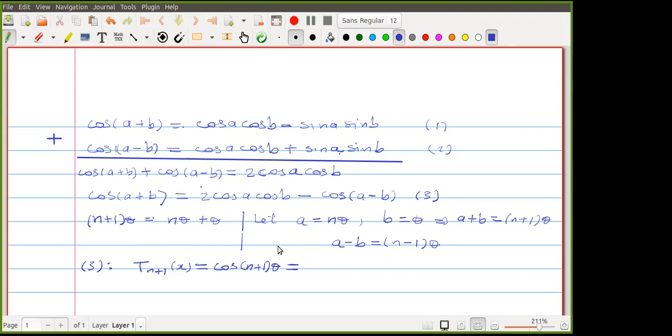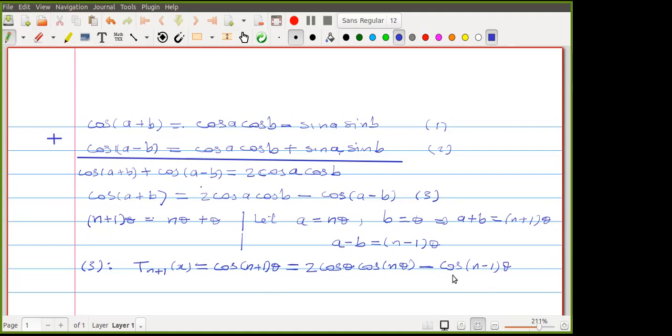This will be equal to 2 cosine A, which is this one, and then cosine B. So I can write cosine B first, that is cosine theta, and then cosine A, which is cosine n theta, minus cosine A minus B, which is cosine (n minus 1) theta.